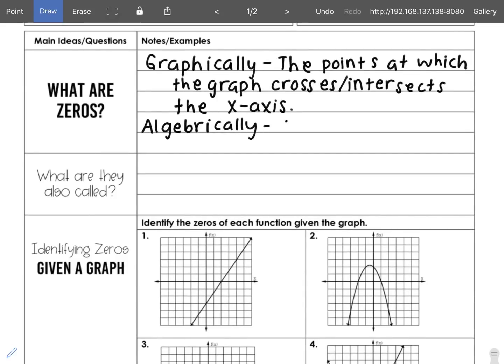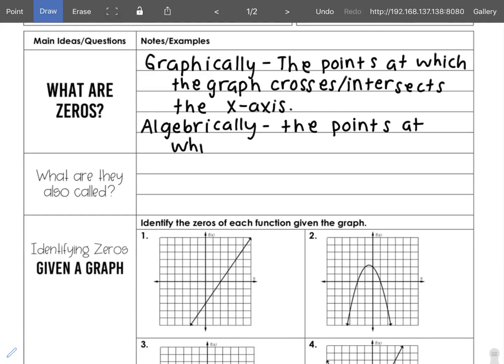So another thing, algebraically, that's another way we talk about zeros. And algebraically is just the points at which f of x equals 0, or you could say y equals 0. Remember, those are the same thing. F of x and y, they're the same thing.